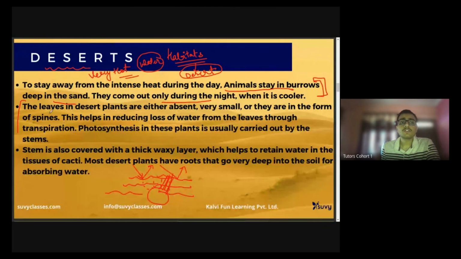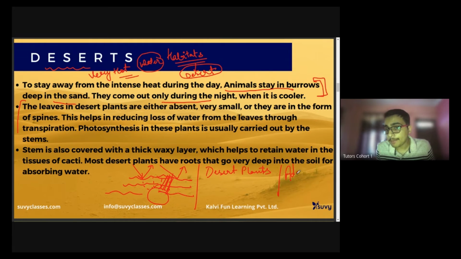Yeah, okay. So now there is another very important characteristic that we were discussing in the starting: the plants that are in deserts, how are they present there, because if there is very little water, how do they survive? As I was saying, I cannot live in a room where AC is present. It gets very tough for me. But a plant that can live in desert has adapted to that environment.